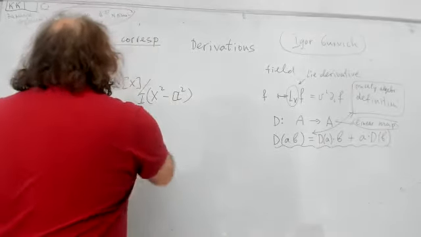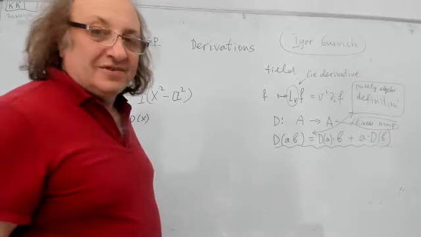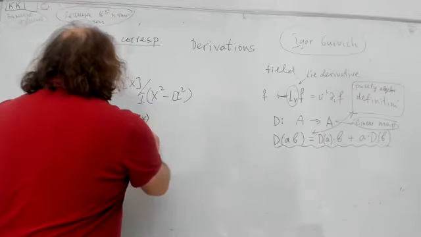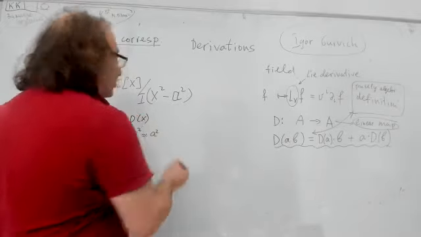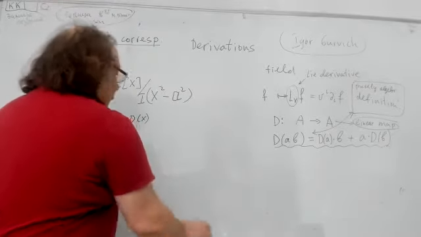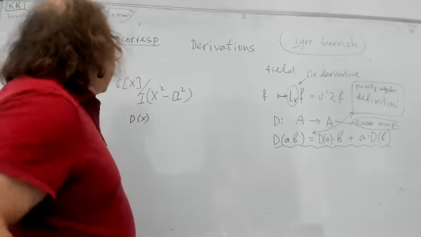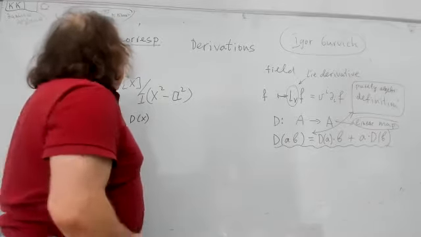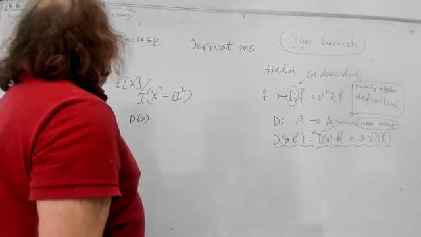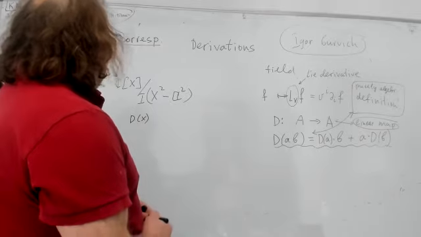Now, in this example, we need to compute D of x. Of course, because x squared is equivalent to a squared, to a constant. So derivations are determined by this D of x. What can we say about D of x?